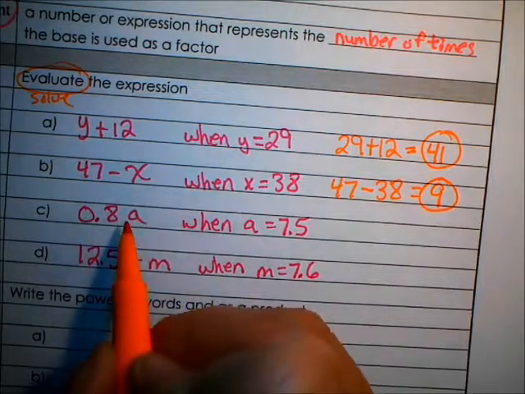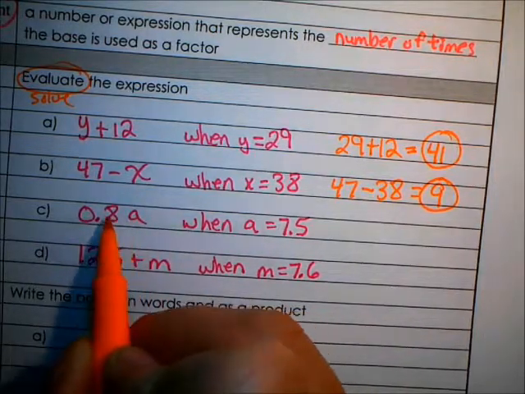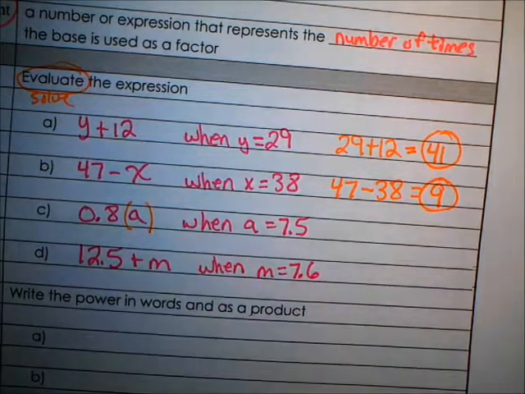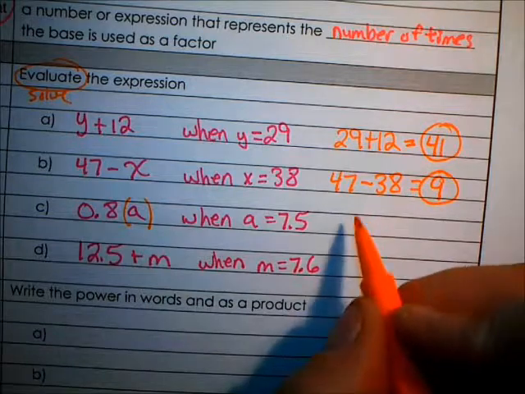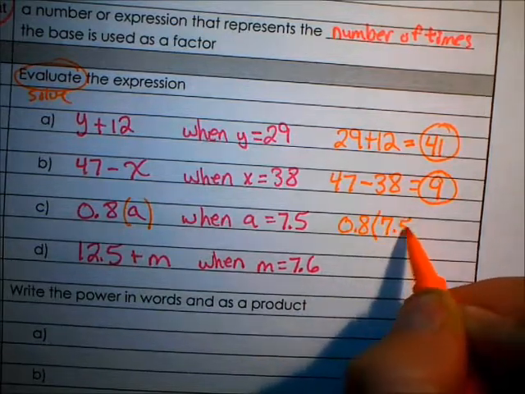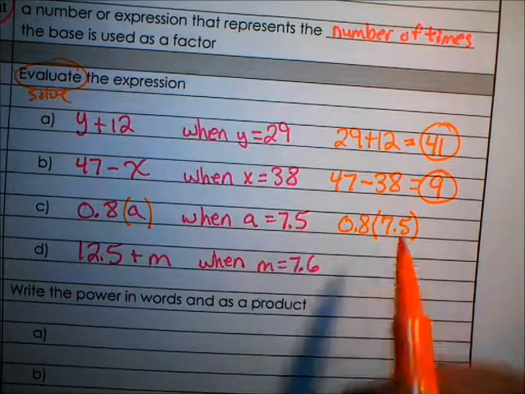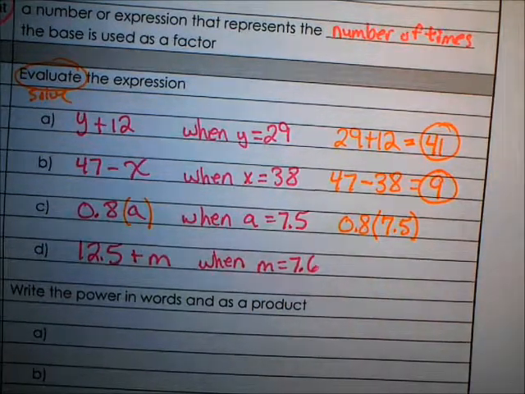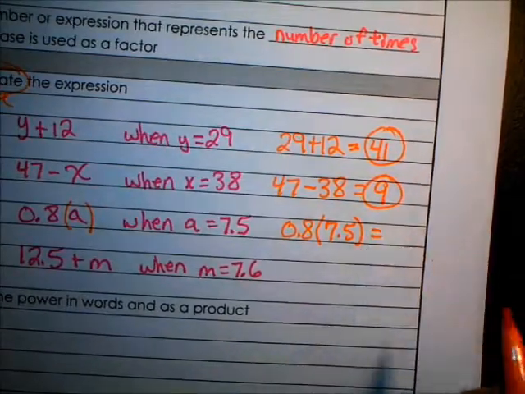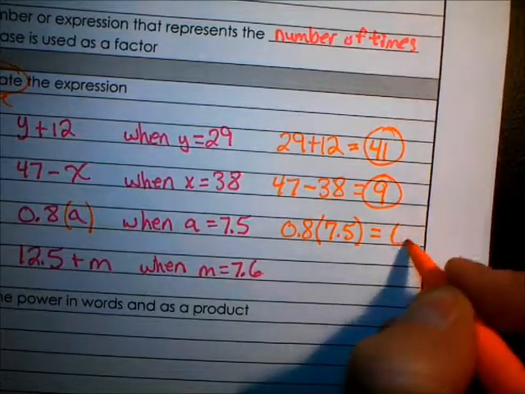On part C, remember when these two things are together, there's not an operation between them. That means we're actually multiplying. So it's like putting this in parentheses and saying we're going to multiply the two things. So I have 0.8 times 7.5 because I'm replacing what the a is. When I do my calculations here, it comes out to equal a whole number, 6.